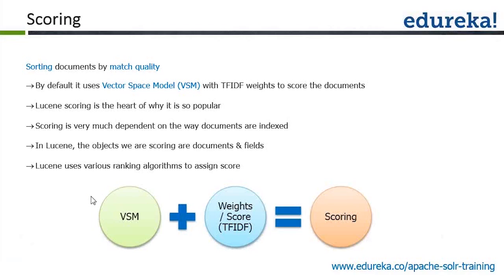Once you represent the document and the query in a multi-dimensional vector space, you assign the weightages to each term or document. The combination of the vector space model and the weights will give you a score. There is an algorithm.